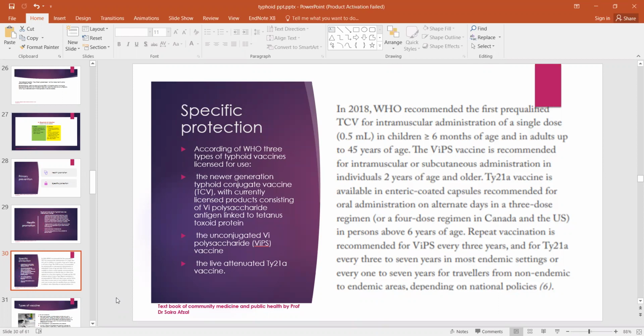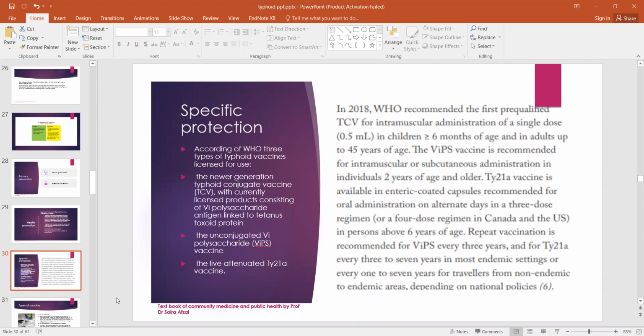The unconjugated Vi polysaccharide vaccine is recommended for intramuscular or subcutaneous administration in individuals more than 2 years of age, and the Ty21a strain vaccine is available in enteric-coated capsules, recommended for oral administration on alternate days in a 3-dose regime in a person above 6 years of age.